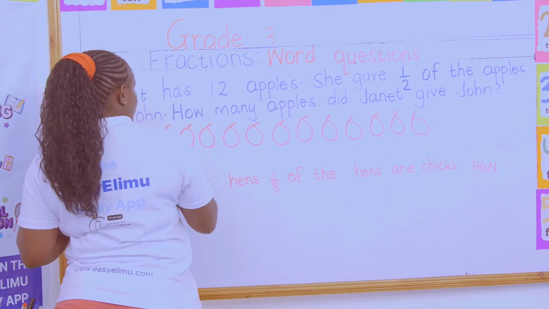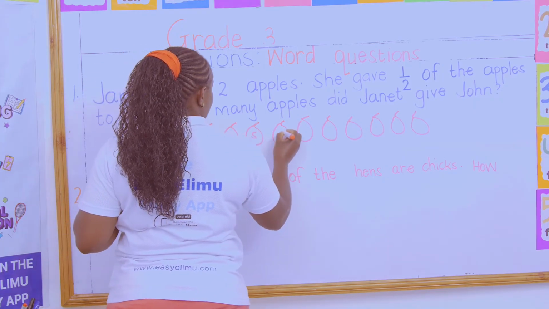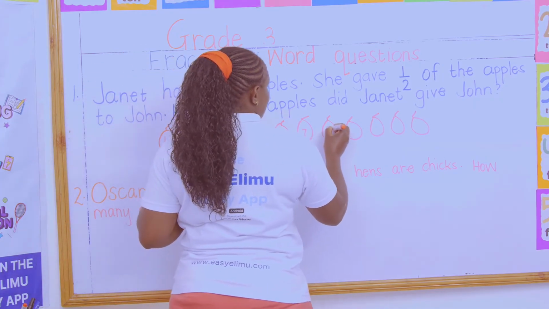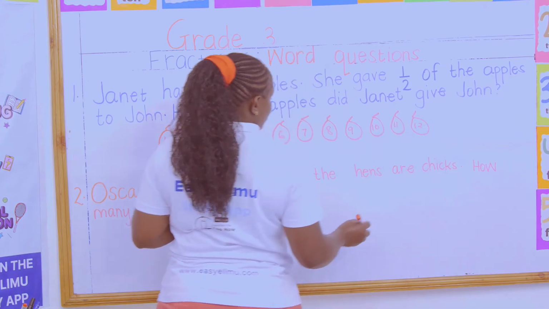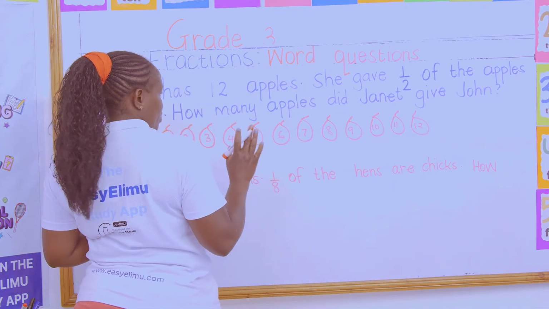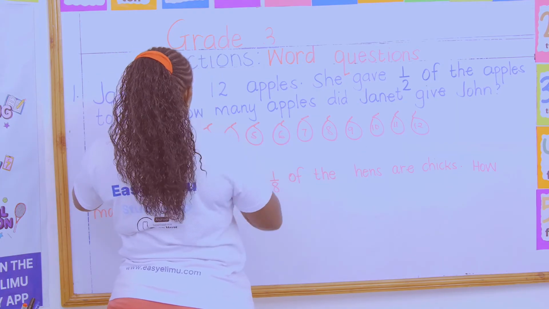Janet shared equally between John and her.